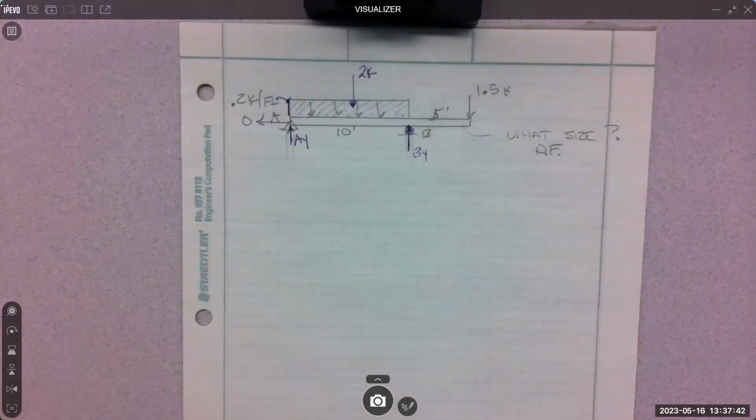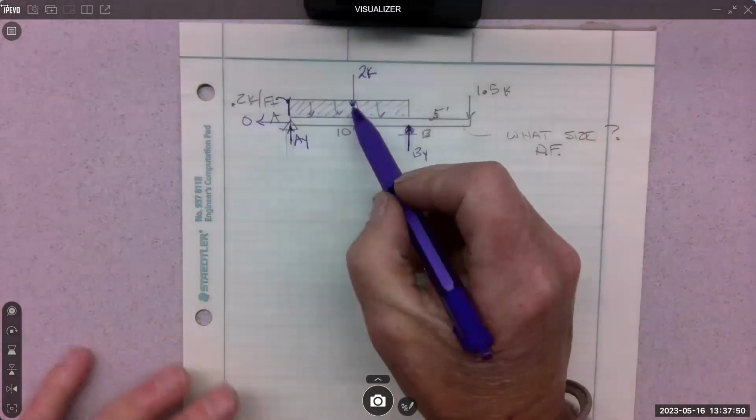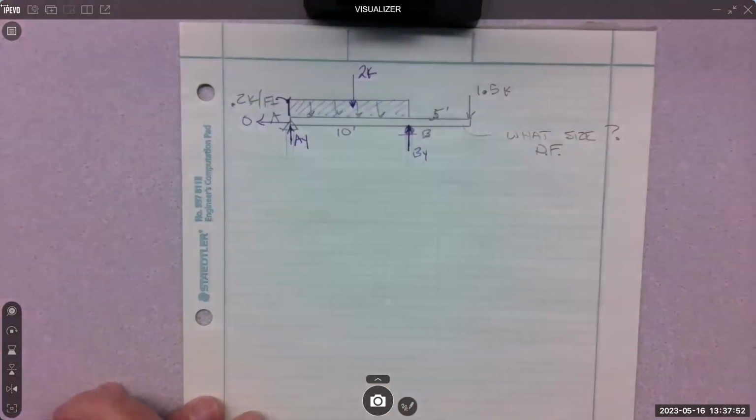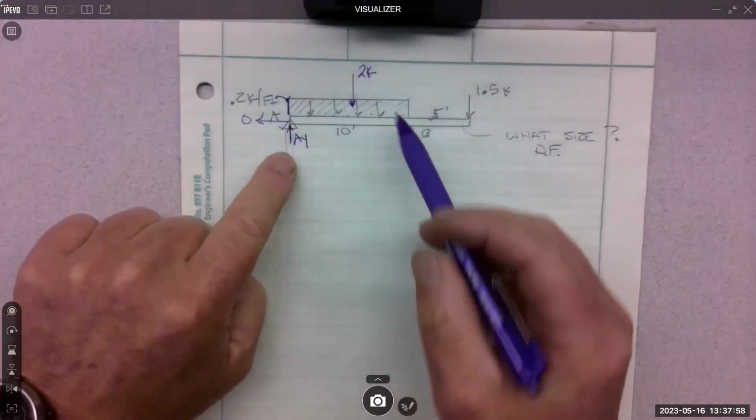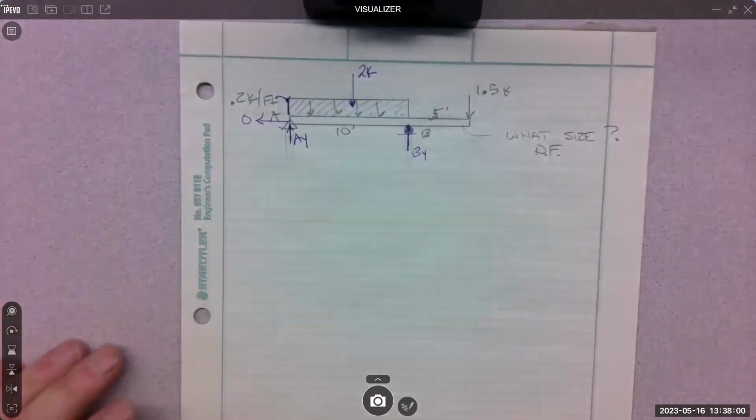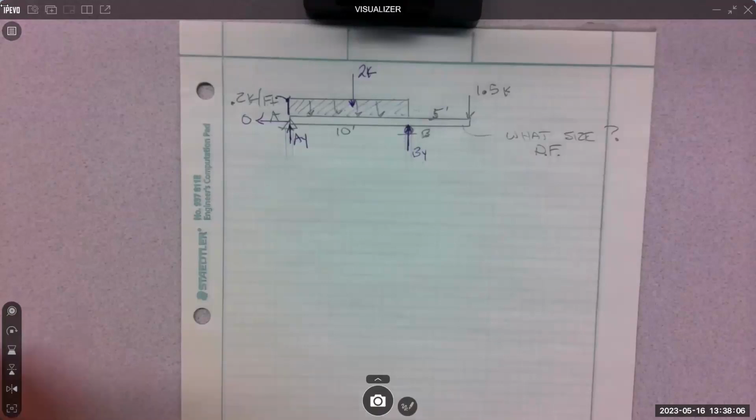If it's a triangle, you got to look that up if you don't know it. 1/3 the base, 2/3 the base, whatever it is. So through the geometric center, we put the concentrated load 2K. Again, it's just for statics. Once we find these reactions, we're gonna just ignore this 2K. It's gonna go back to its distribution.